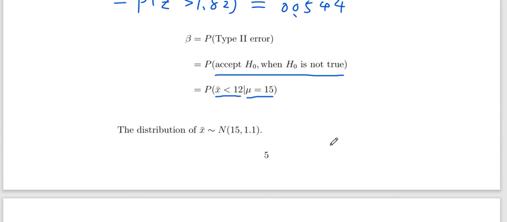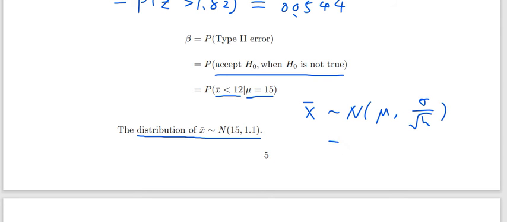Okay. So when mu equals 15, we know the distribution for x bar follows this, the same formula. X bar follows normal with mu and sigma over radical n, right? So here mu equals 15, sigma is 5.5, n is 25.